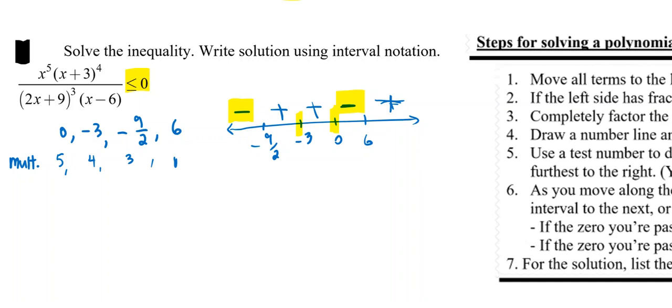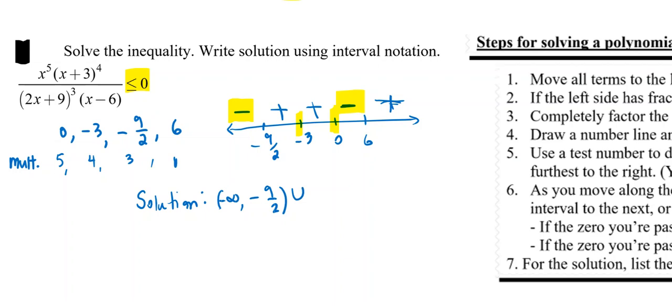So let's write out what this set is going to be. Everything that you see highlighted, I see a negative there, so -infinity to -9/2. We do not want to include -9/2 because it gives us 0 on the bottom. Let's write the other negative interval. That's from 0 to 6.